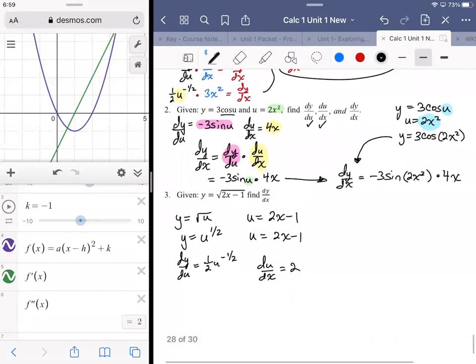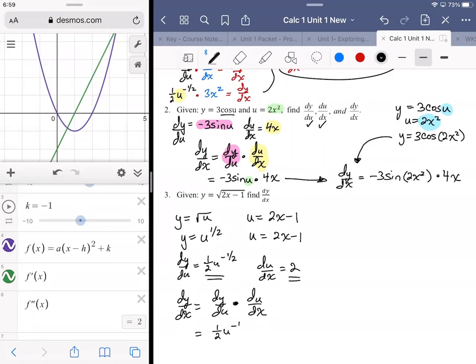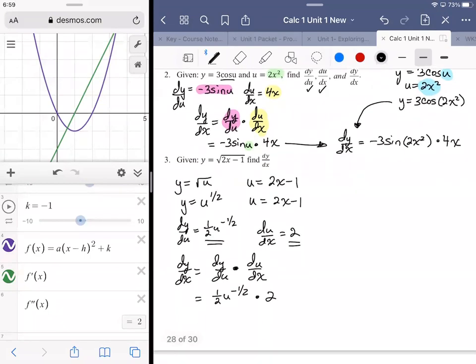If we're relying on this idea that dy dx is equal to the product of dy du and du dx, then it's just a matter of making a couple of quick substitutions. Replacing the u with what we know it is, 2x minus 1.